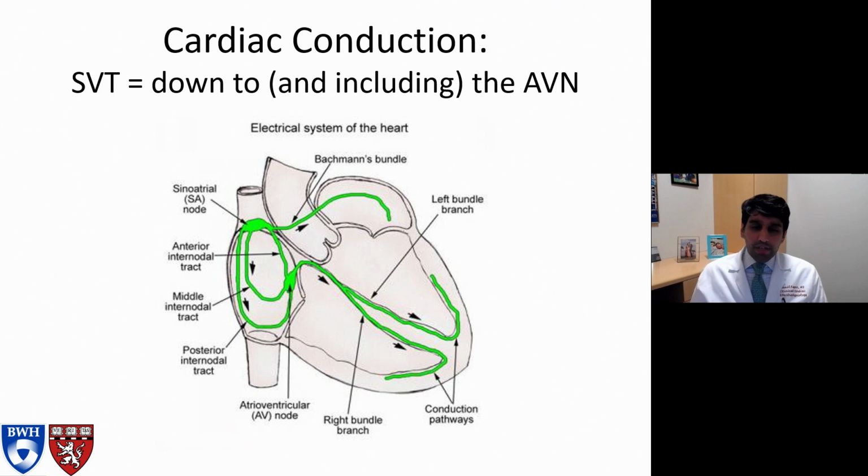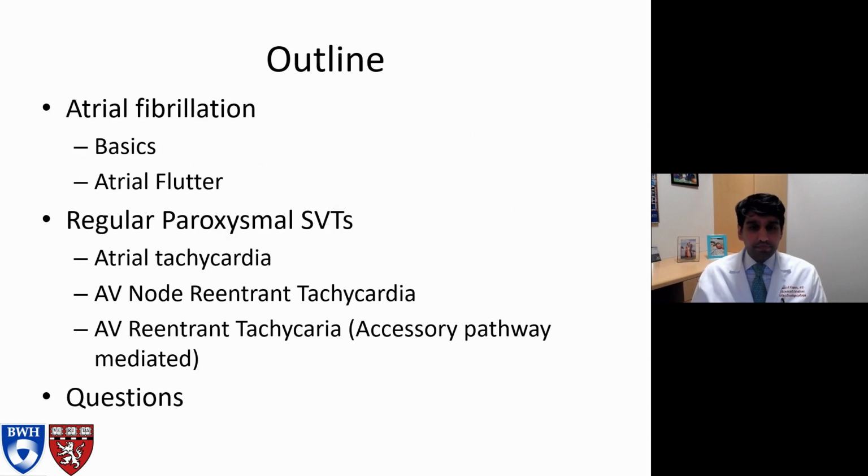But the nomenclature that we sometimes use to make it a little more manageable is where we think the arrhythmia is coming from. Arrhythmias that start at or above the atrioventricular node are considered supraventricular, and those below the AV node are considered ventricular. What we're going to be talking about today is tachycardias at or above the atrioventricular node, which we commonly refer to as SVTs or supraventricular tachycardias.